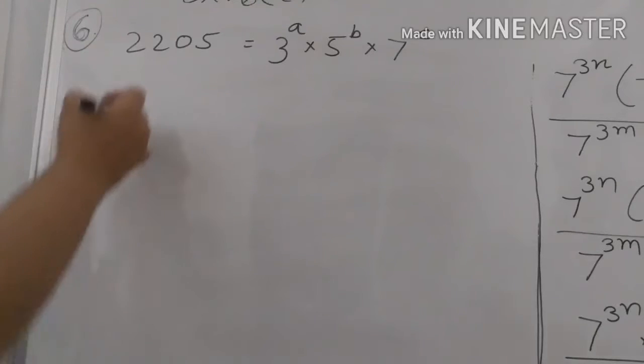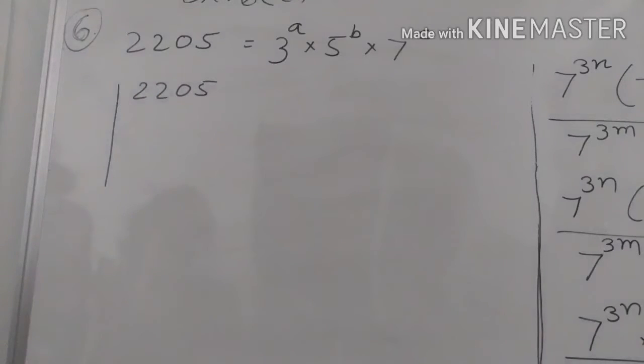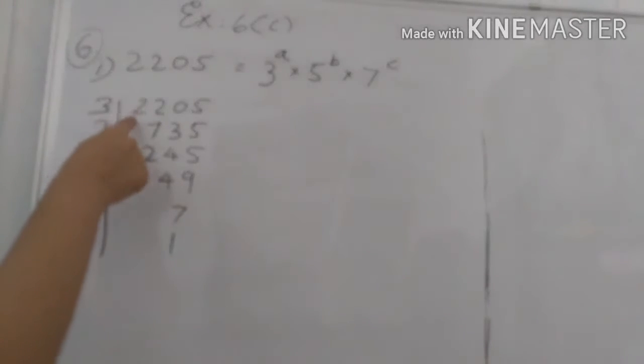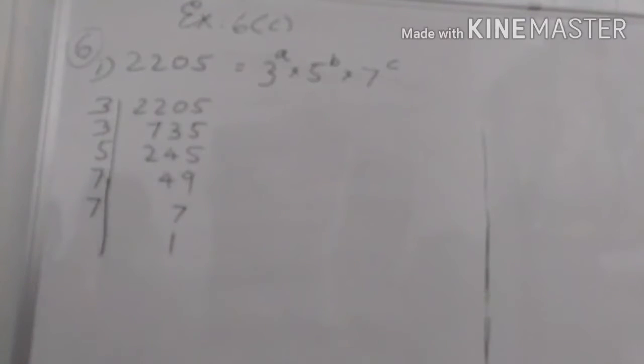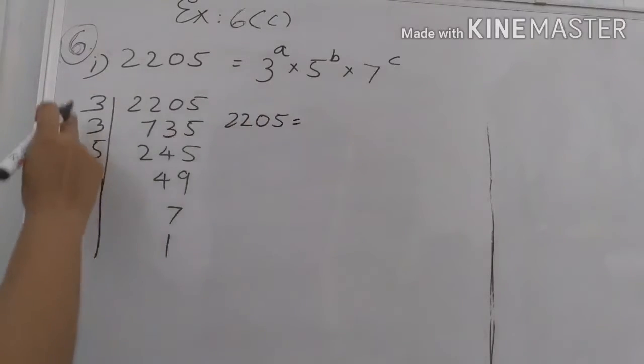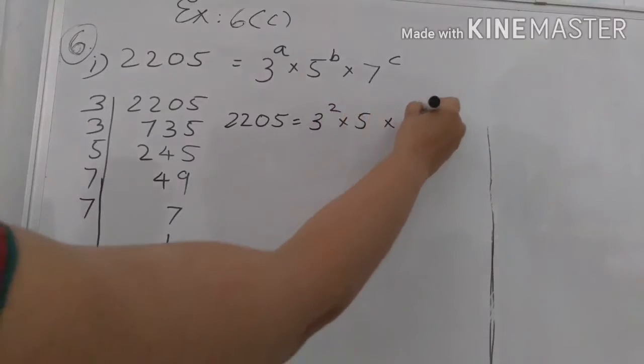For that, first of all, I take the prime factors of 2205. So first of all, I'll divide it by 3. I have already found the prime factors of 2205, and we can write the factors of 2205 as 3 square into 5 into 7 square.